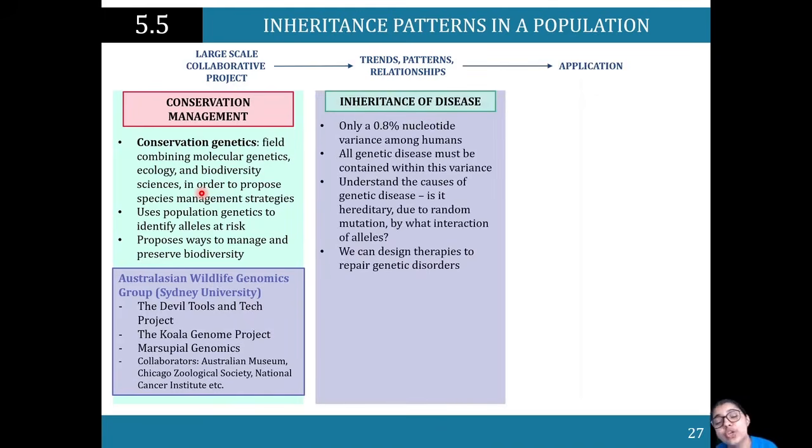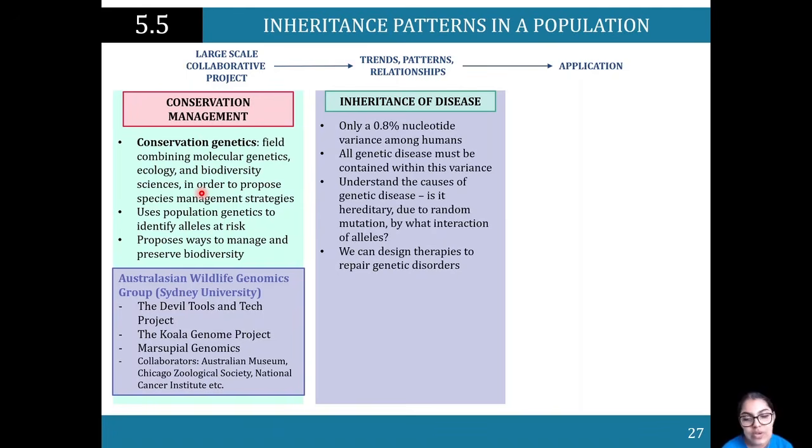Okay, next up we have inheritance of disease. So we can actually utilize this data to look at the inheritance of diseases. What we know is that statistically there is only a 0.8% nucleotide variance among humans. So only 0.8% of DNA is actually different from one person to another. And like I said, that's crazy. That means a lot of it is very, very similar.